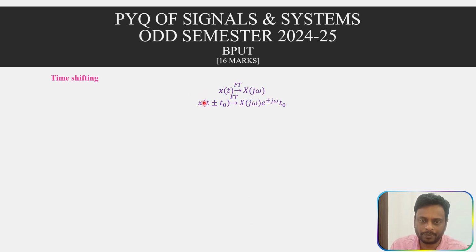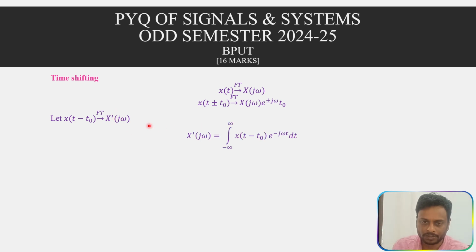Then the time shifting property. For x of t plus or minus t0, the Fourier transform is X of j omega e to the plus or minus j omega t naught. Let us take the Fourier transform as X dash of j omega. So X dash j omega is integral from minus to plus infinity of x of t minus t naught e to the power minus j omega t dt.